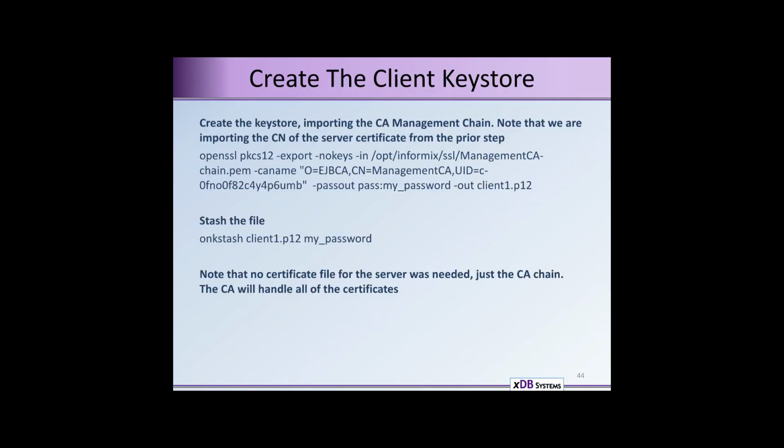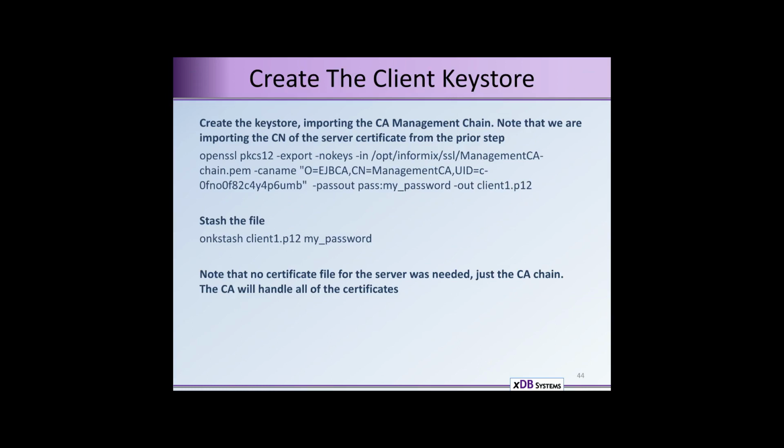Now the client key store. So I'm going to use OpenSSL here because I like it a little bit better. And the big thing I'm doing is the first part is I'm going to import the management certificate authority cert. So I'm giving it the no keys in and then giving it that PEM.